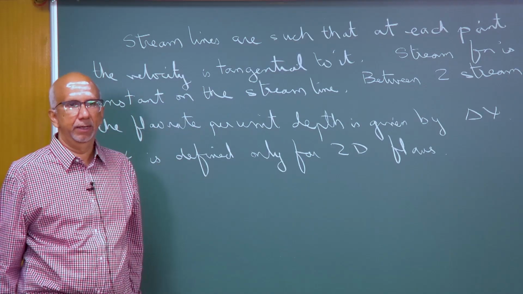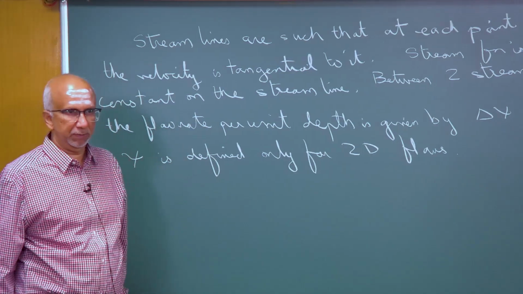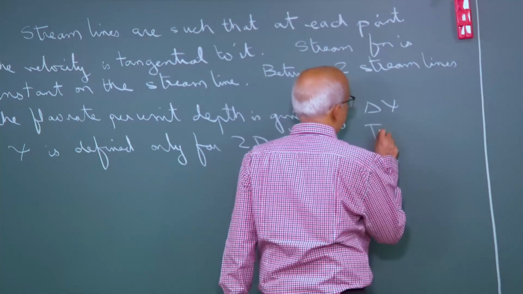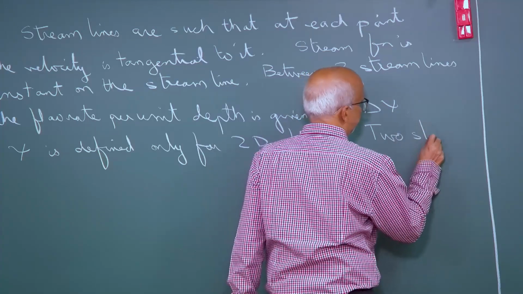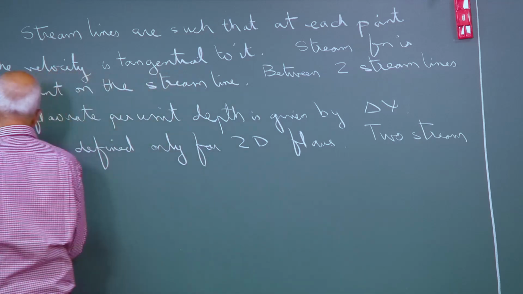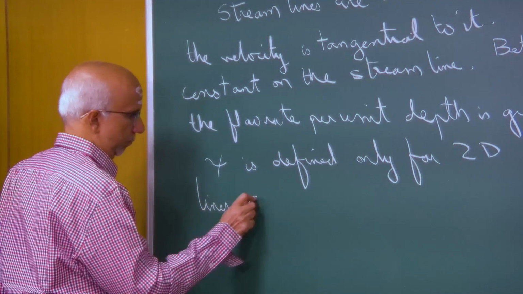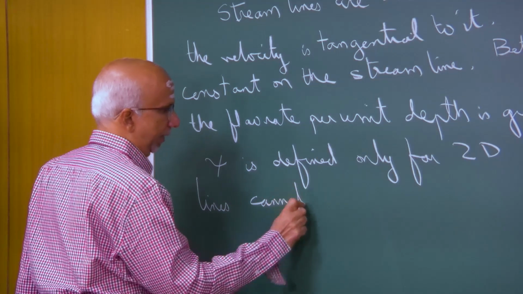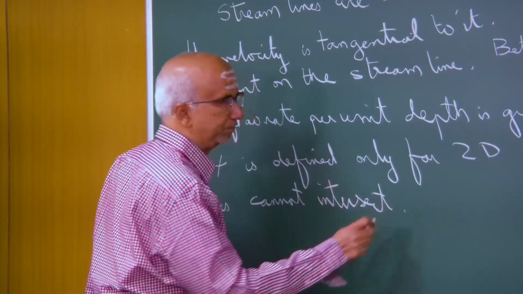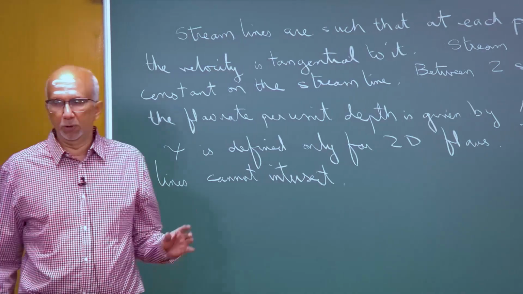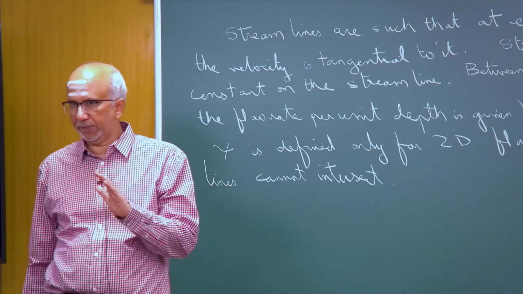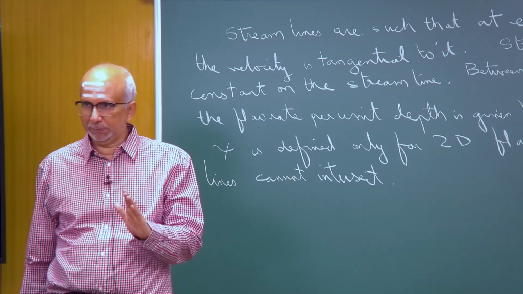And the other point which is possibly something which is obvious is two streamlines cannot intersect, because if they intersect, that means there are two tangents, okay, and the velocity at each point is uniquely defined.